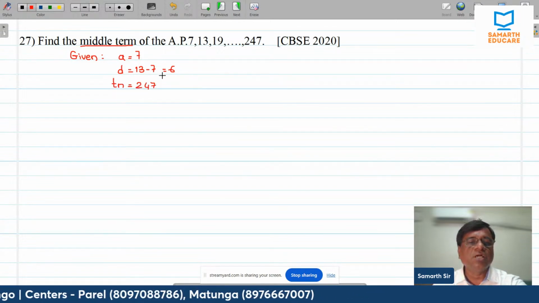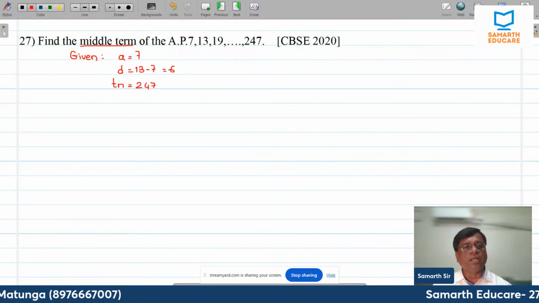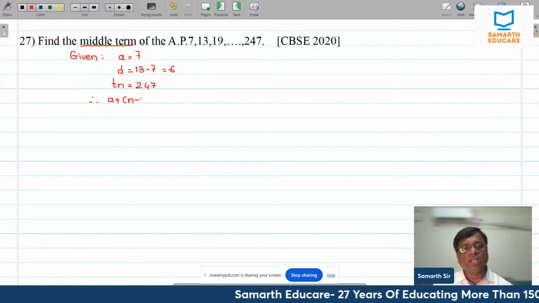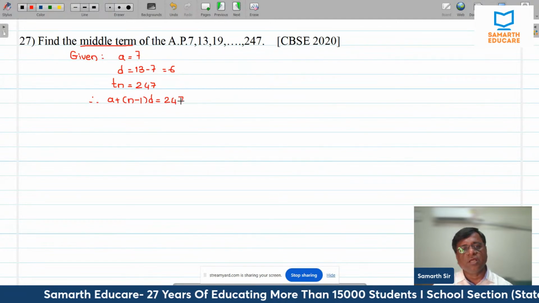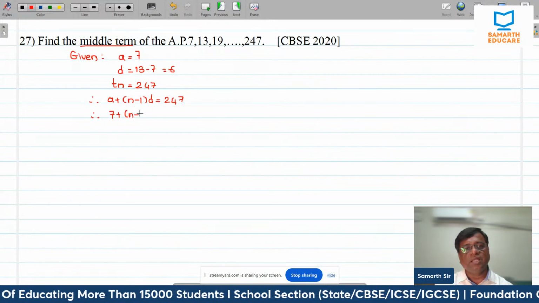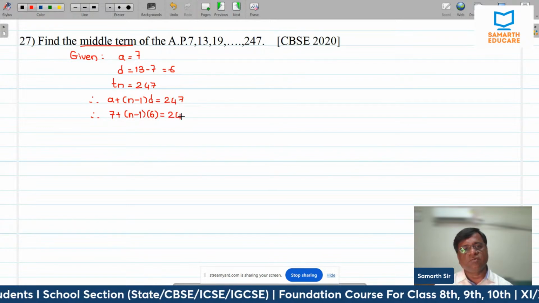This means I don't know which term this is, so how will I find the middle term? First we have to find n. So what is tn? It is a plus n minus 1 into d, which is 247. Now I have the value of a as 7 plus n minus 1 into 6 is equal to 247.